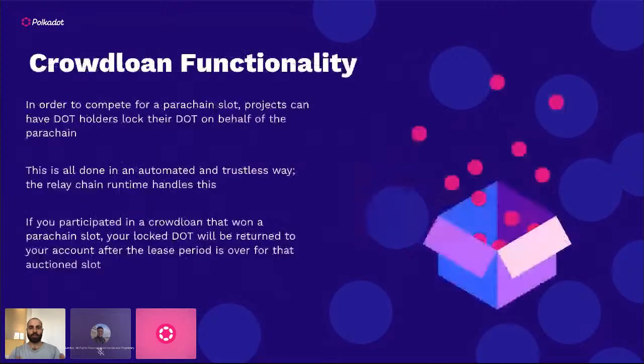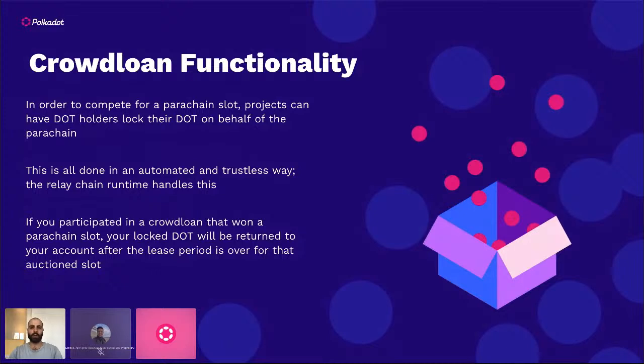So the auctions are how parachain teams can become connected to the relay chain. However, they can increase their chances of winning the auction by running crowd loans. Crowd loans, a way to think about it, is an immense improvement to, say, the 2017 ICO model.